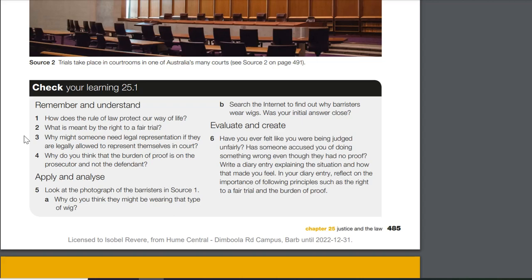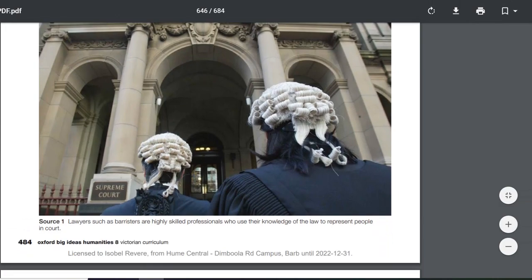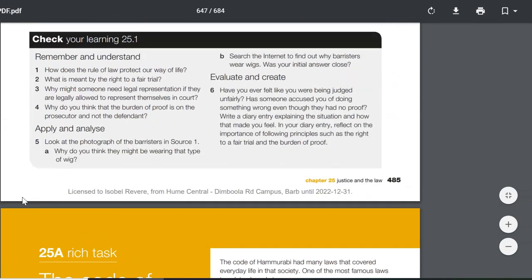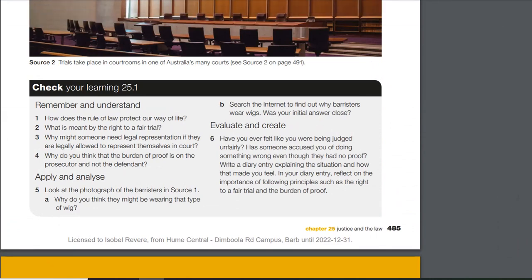All right, now we're moving into our apply and analyze, so these ones are a little bit more difficult. So question 5. Look at the photograph of the barristers in source 1. So that's this photo up here. Question 5a. Why do you think they might be wearing that type of wig?